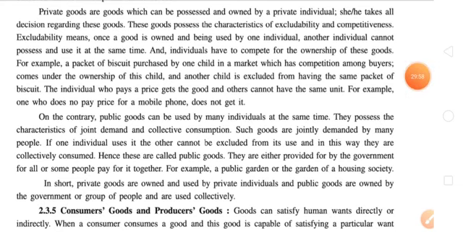For example, a packet of biscuits purchased by one child in a market which has competition among buyers comes under the ownership of this child, and another child is excluded from having the same packet of biscuits. When it was placed in a shop, it was available for all.